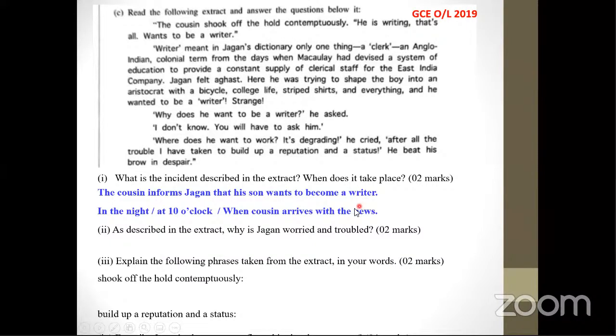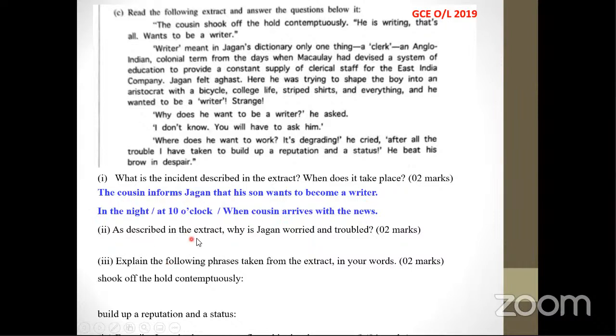Here, before going to America, how he behaved: the cousin informs Jagan he wants to become a writer. It is taking place at night, at 10 o'clock. You can give the same thing, when the cousin arrives with the news, night, 10 o'clock. That part must come because the question asks when it takes place.